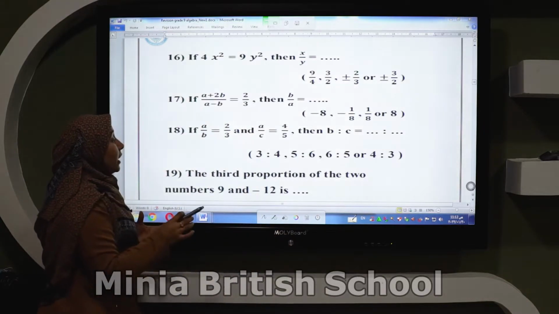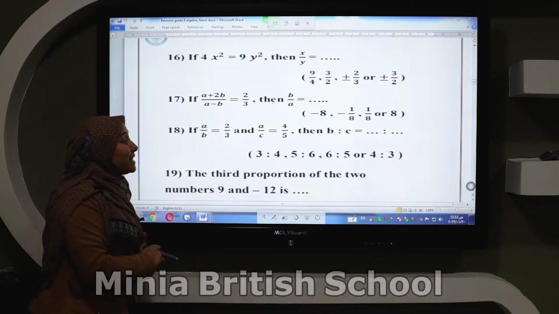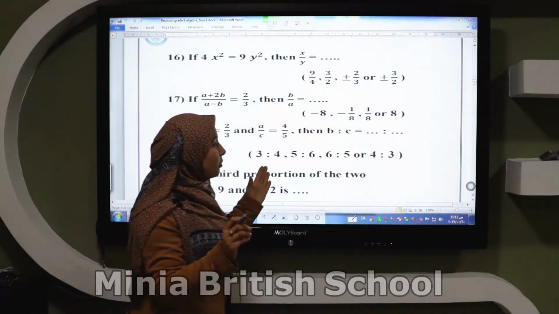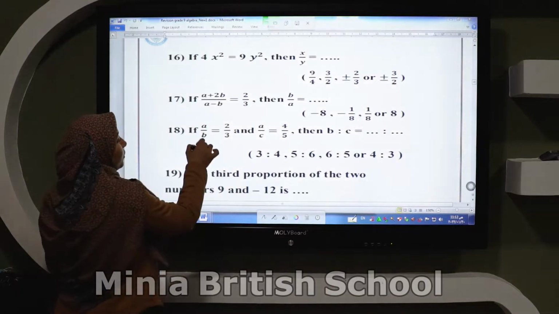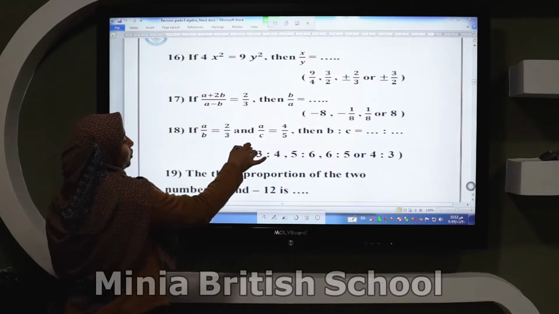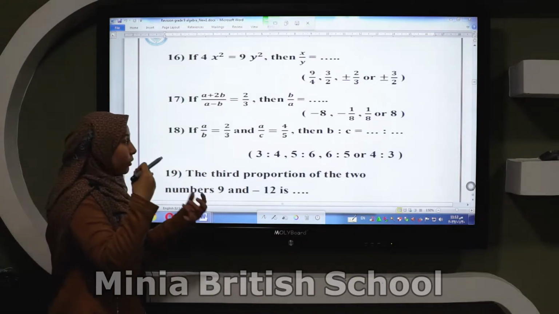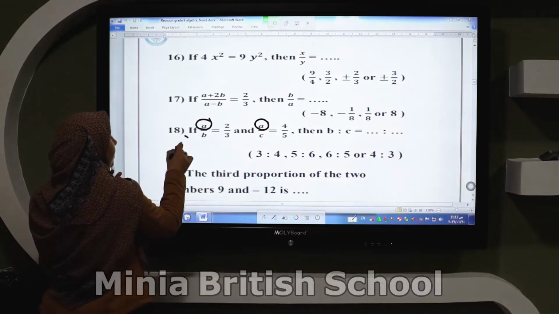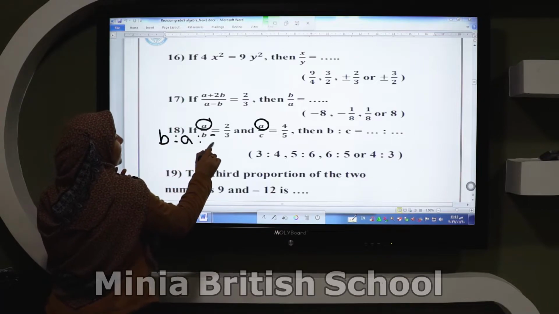Number 18, if a over b equals 2 over 3 and a over c equals 4 over 5, now I need to find the ratio between b to c, okay? Now a to b equals 2 over 3 and a to c equals 4 over 5. The common symbol here is a. So I will put a in the middle, then before it b, and then c.